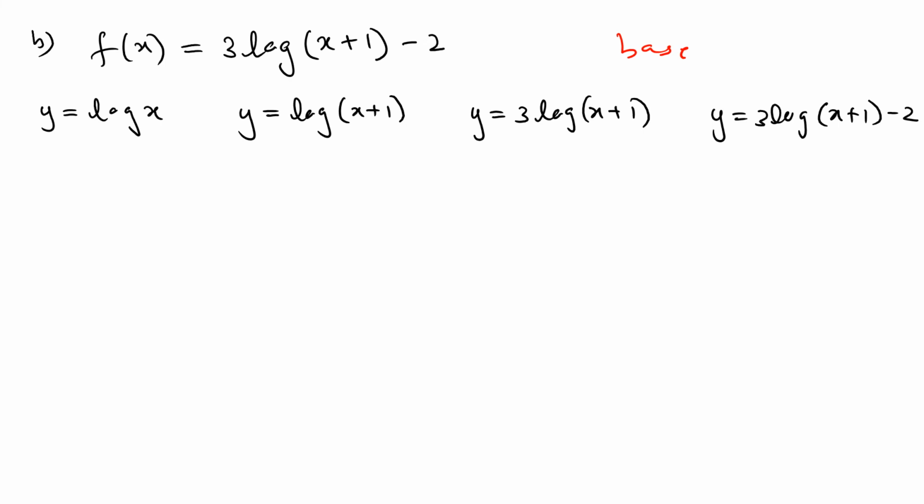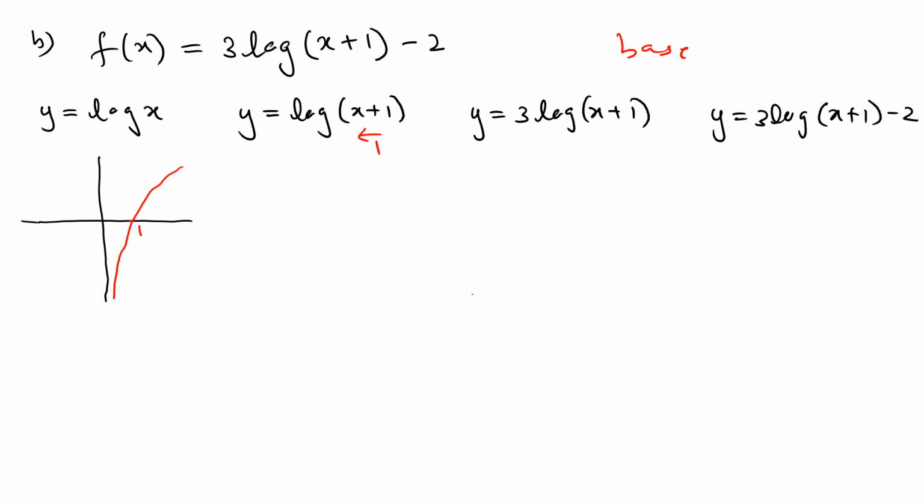So the first one is just the basic log function, which has the asymptote at the y-axis, and it's going to pass through 1. So that is the first one. The next one, we're gonna move this one to the left by 1.